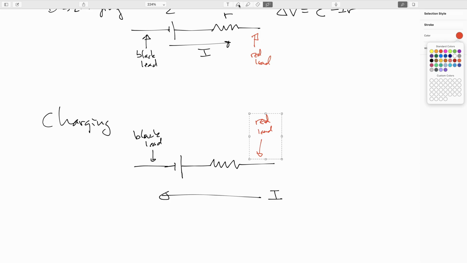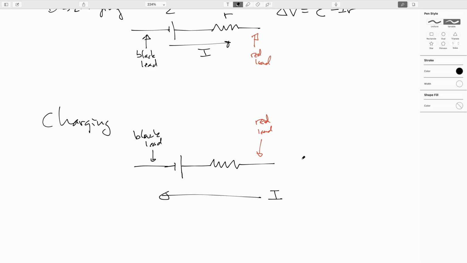So here, the terminal voltage that you read will be, we increase by the battery EMF, but now because I'm going upstream, it'll be plus IR. So the terminal voltage when you're charging a battery will be greater than the battery EMF.